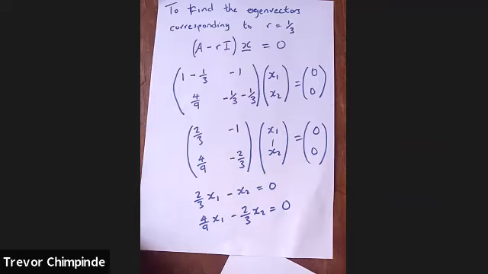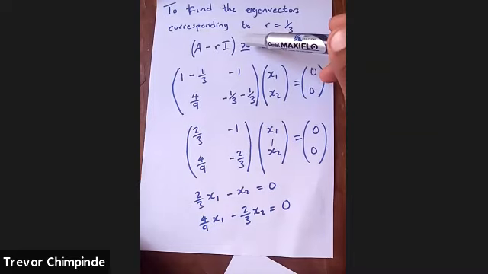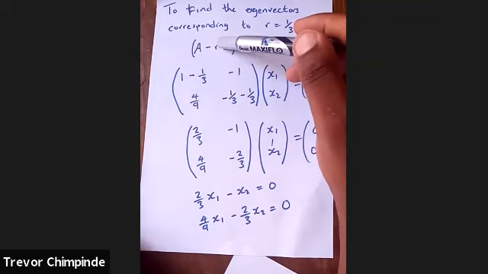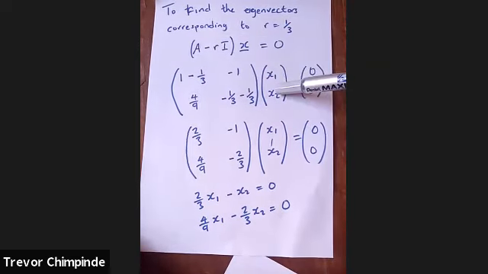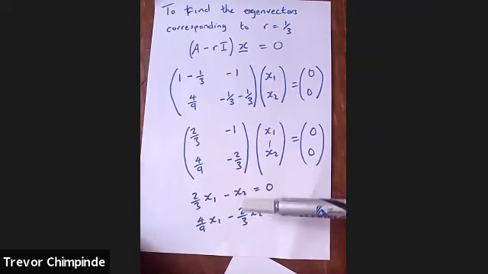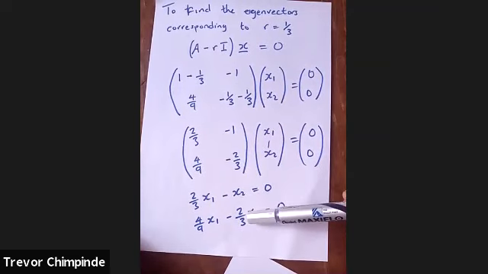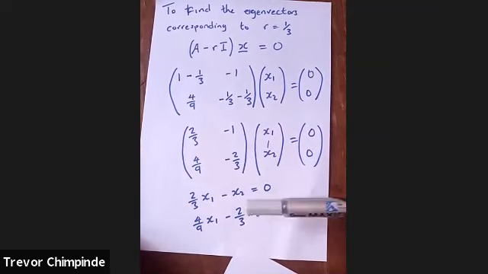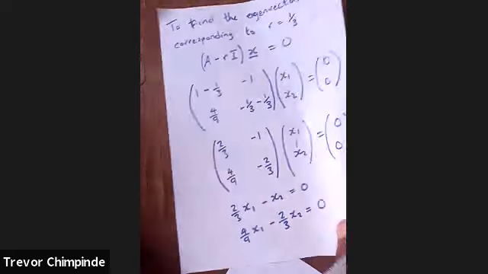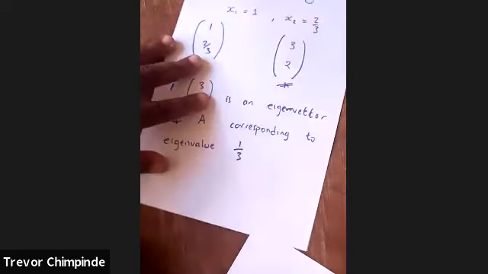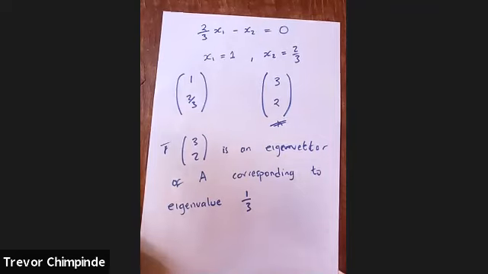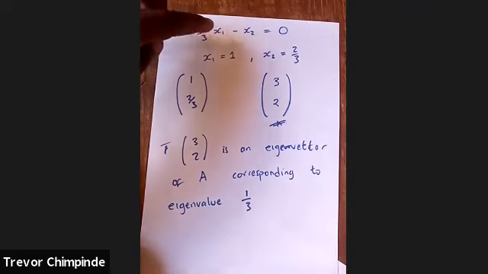So here we're just trying to find the eigenvectors corresponding to the eigenvalue 1/3. So it's the usual. You have to solve this equation. You're solving for x. So A minus rI is this matrix. This is your x. You get 2 equations. They usually turn out to be the same. You just work with 1. So working with 1, this is the equation you work with.